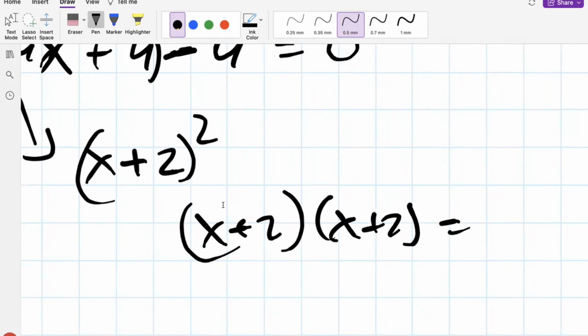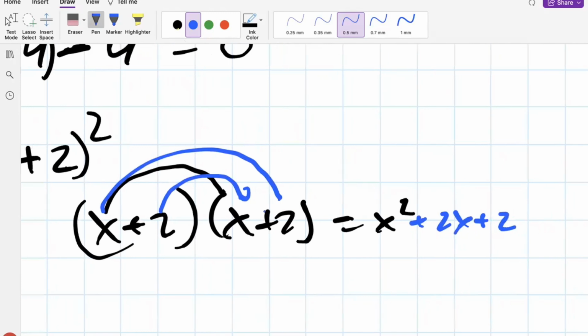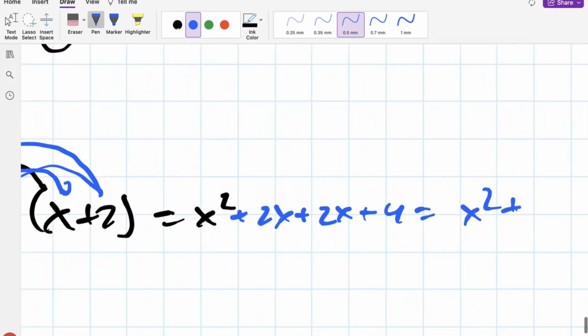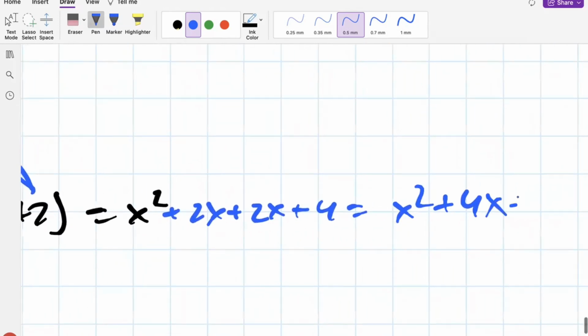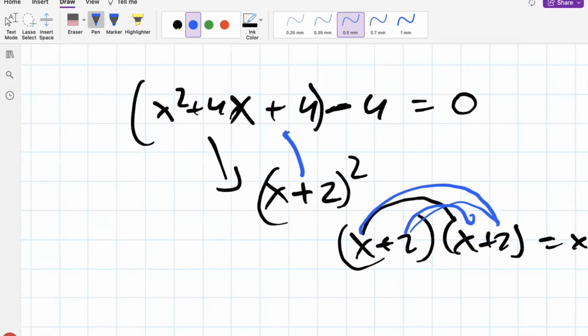And if you open the brackets, it will be x by x, which is x squared, and then x by 2, which is 2x, and then 2 by x, which is 2x, and then 2 by 2, which is 4. And this is the same as x squared plus 4x plus 4. And you see that this is equal to this one.